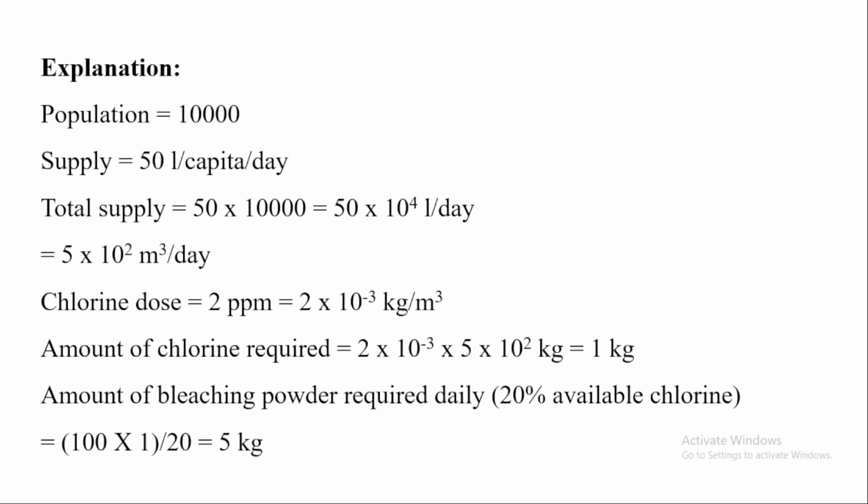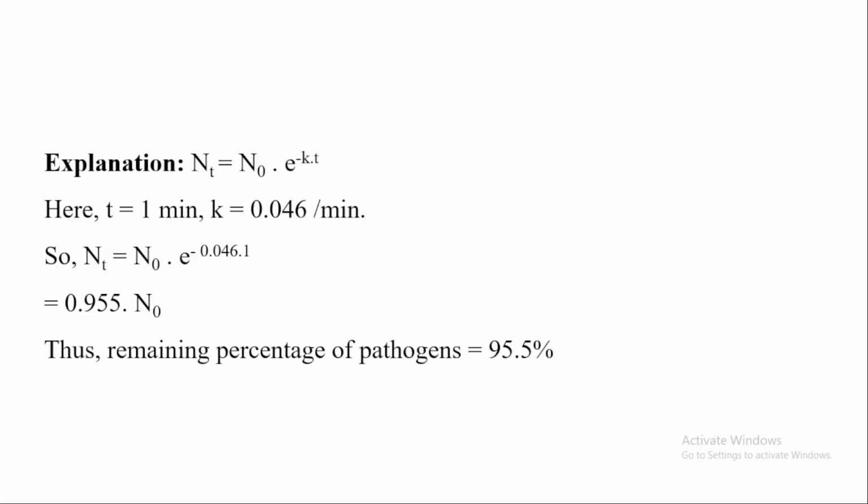So Nt will be equal to N0 into e to the power of minus 0.046 into 1. Okay, so 0.046 into 1 will be 0.046, e to the power of minus 0.046.